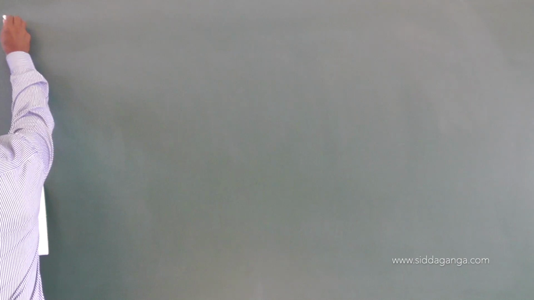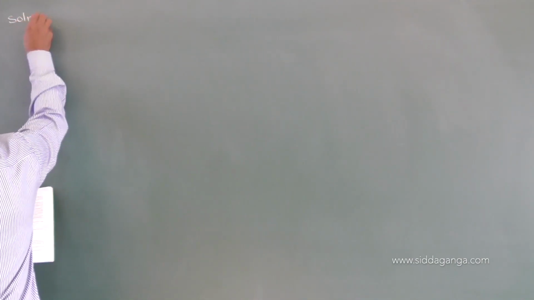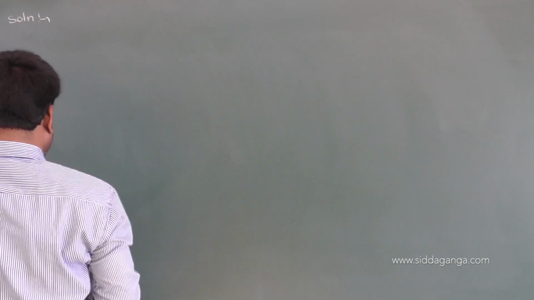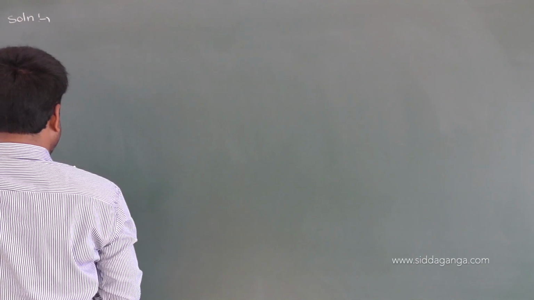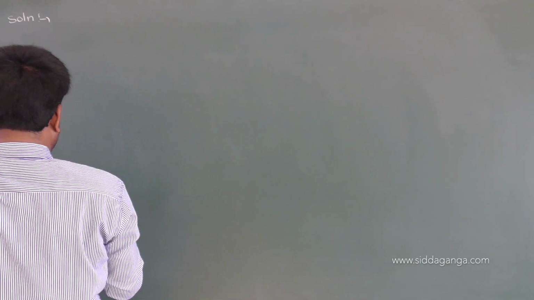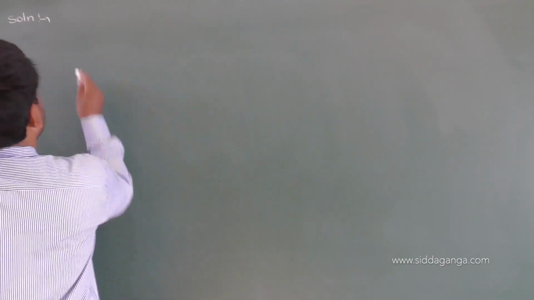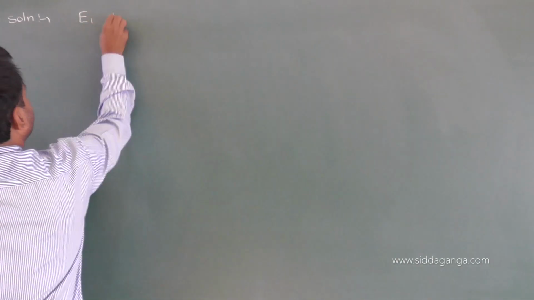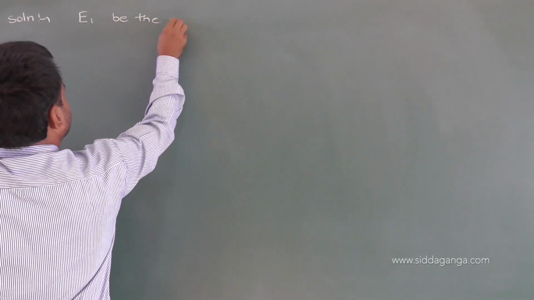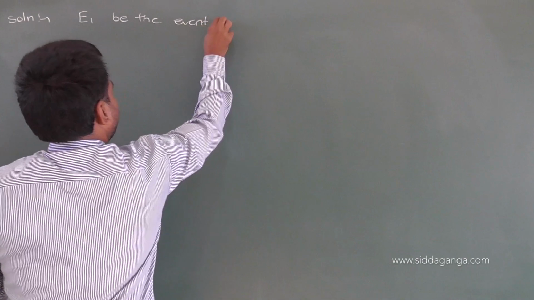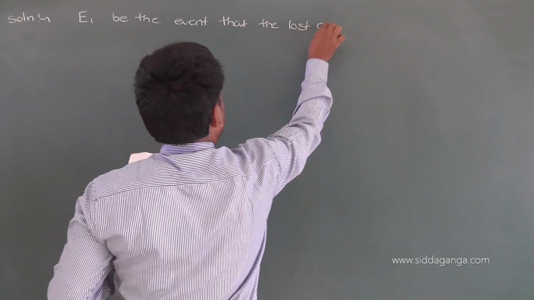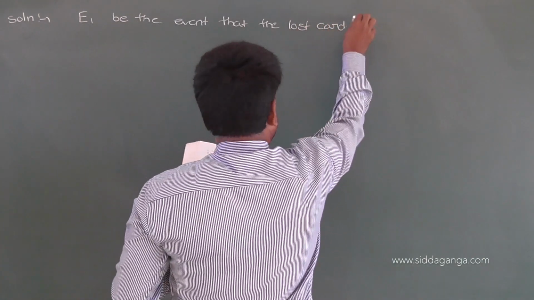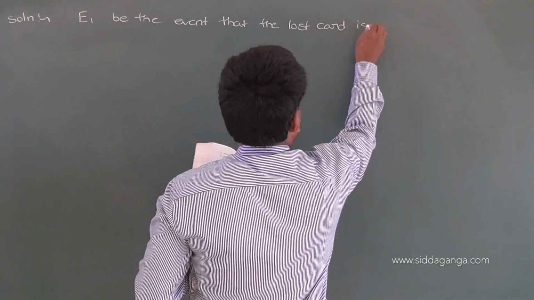Okay, so we write one by one event. Solution: even the last event, that the lost card is a diamond. Let E1 be the event that the lost card is a diamond.